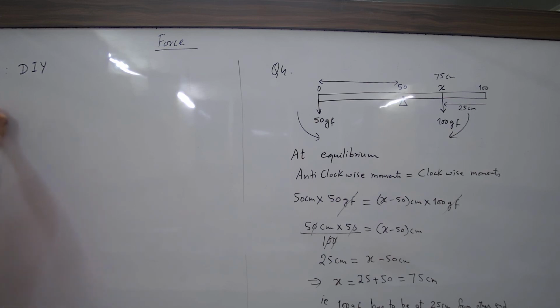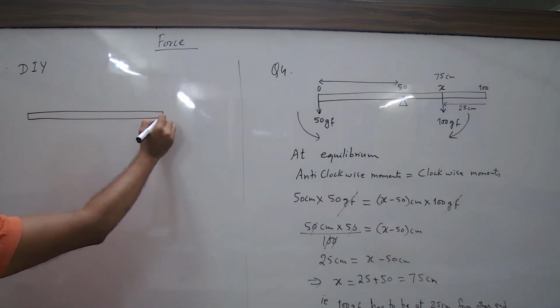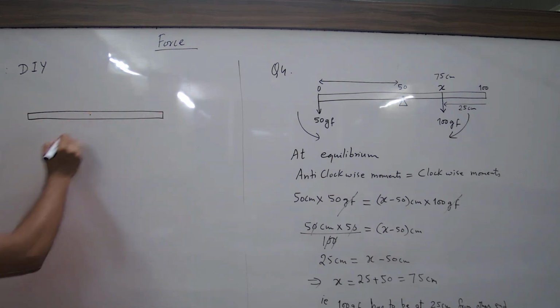Question 6. What is question 6? The uniform meter rule of weight 10 gram force is pivoted at its 0 mark. So you have a meter scale, right?